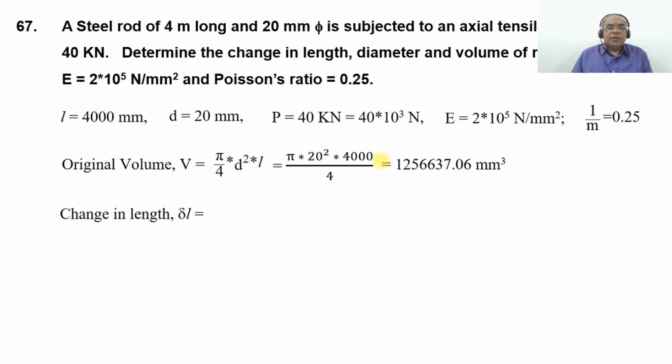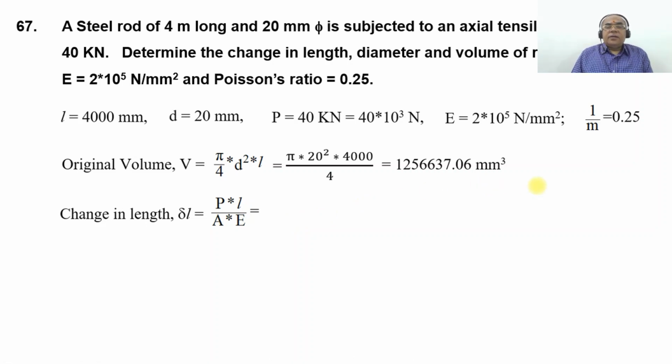Once you get the original volume, we will find the change in length, delta L. We know the load and the length, and the area of cross section into Young's modulus.